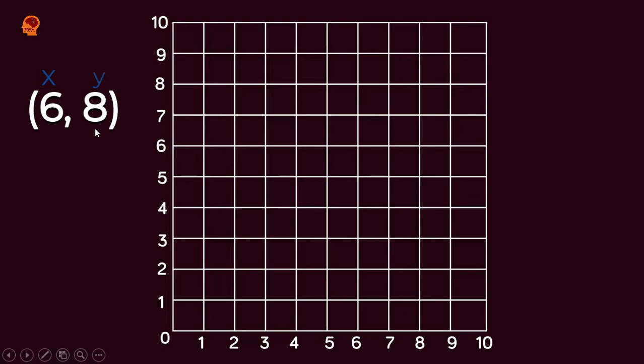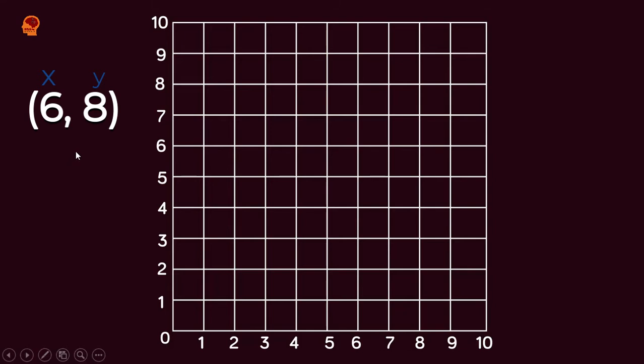That is the ordered pair. So the first number in a point is the x, while the second is the y.